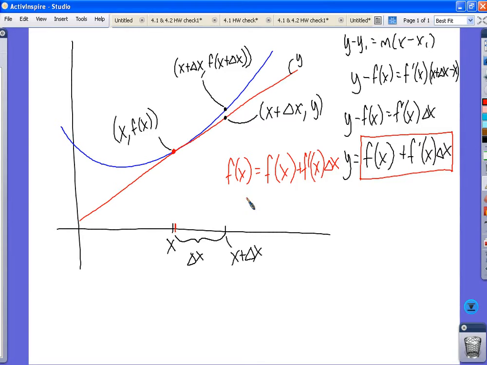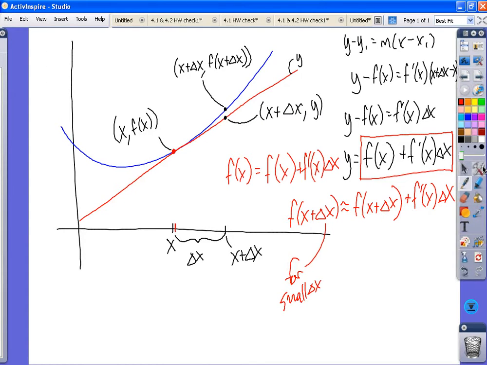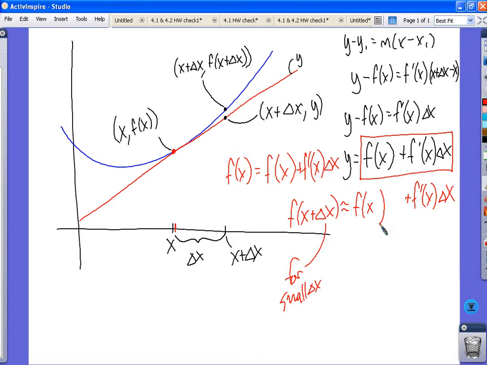So if we move away from x, then we can say f of x plus delta x is f of x plus the little bit of change in the y value will give us our approximation.